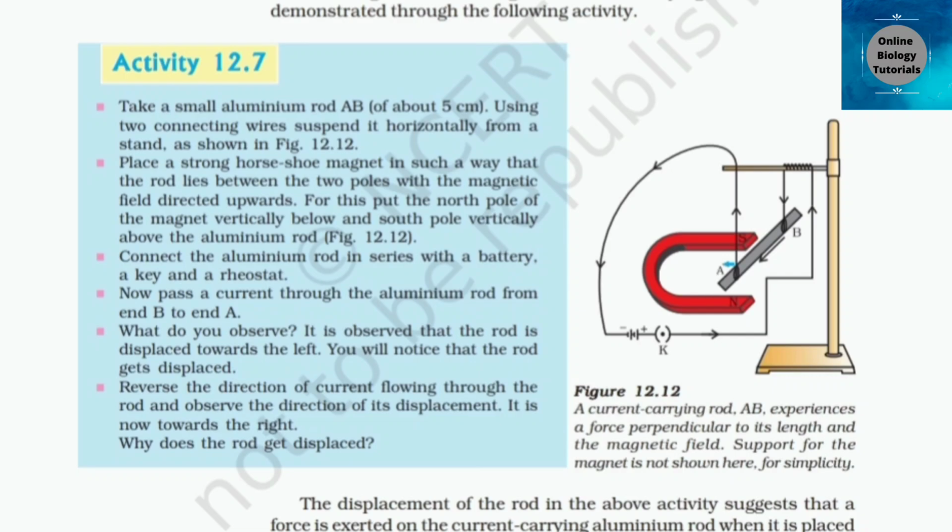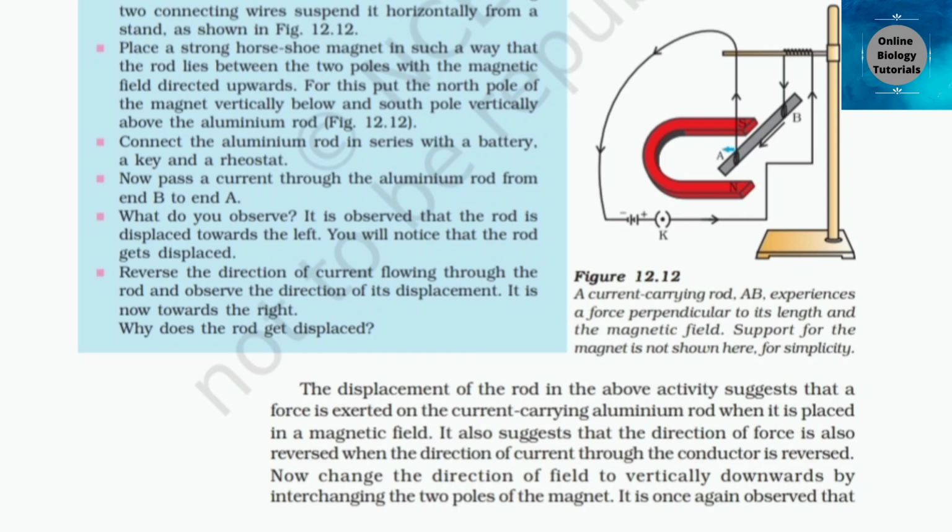The displacement of the rod in the above activity suggests that a force is exerted on the current-carrying aluminium rod when it is placed in a magnetic field. It also suggests that the direction of force is also reversed when the direction of current through the conductor is reversed. Now change the direction of field to vertically downwards by interchanging the two poles of the magnet.